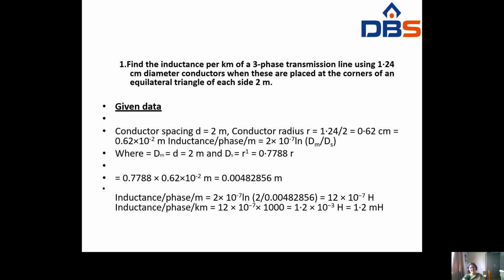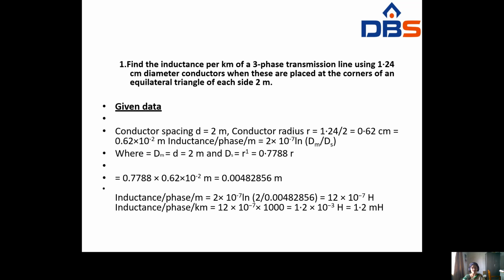See, first here you have to find the inductance per kilometer of a three-phase transmission line using 1.24 centimeters diameter conductors when these are placed at the corners of an equilateral triangle of each side of 2 meters.